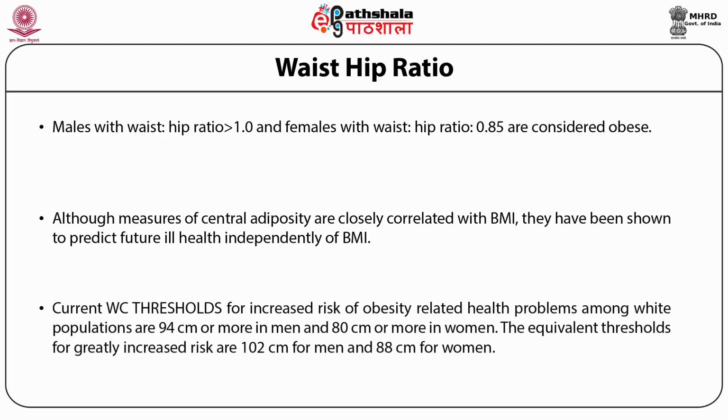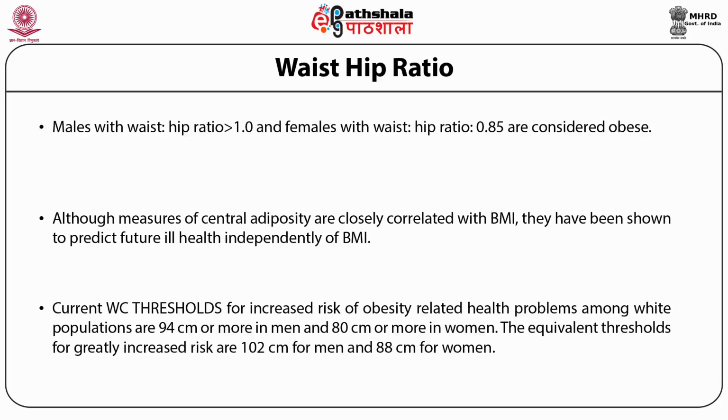Current waist circumference thresholds for the increased risk of obesity related health issues among the white population are 94 cm or more in men and 80 cm or more in women. The equivalent thresholds for a greatly increased risk are 102 cm for men and 88 cm for women.